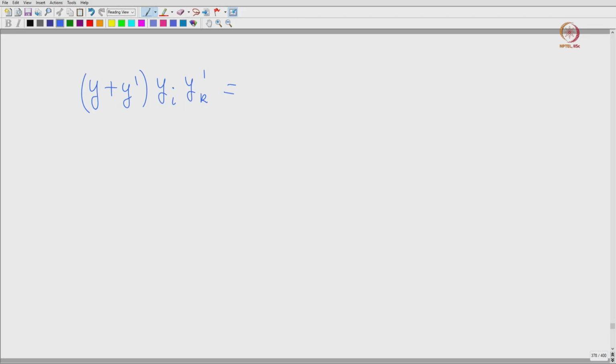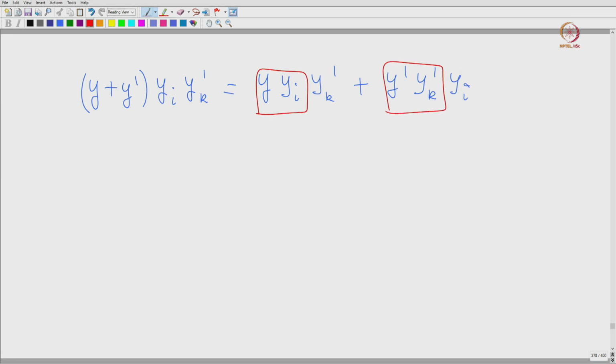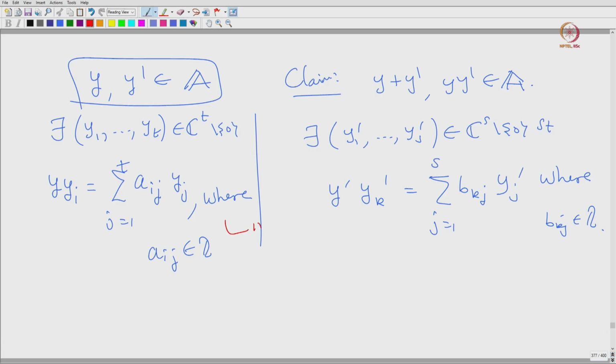Indeed, what happens? This is exactly equal to y y_i y_k dash plus y dash y_k dash y_i. Now note that this can be replaced, and again this can be replaced, using 1 and 2.